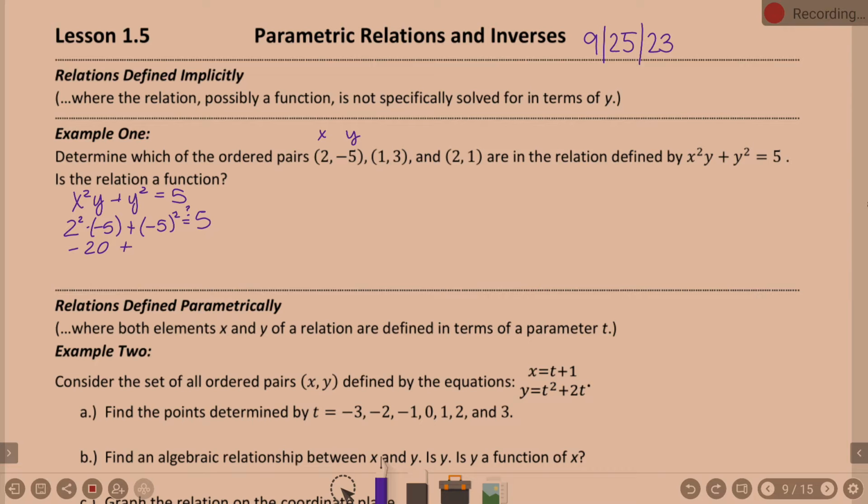Negative 5 squared is 25. What do you know about negative 20 plus 25? It equals 5. So it works, 5 does equal 5. And so the ordered pair 2, negative 5 is part of the relation. It made my equation true.